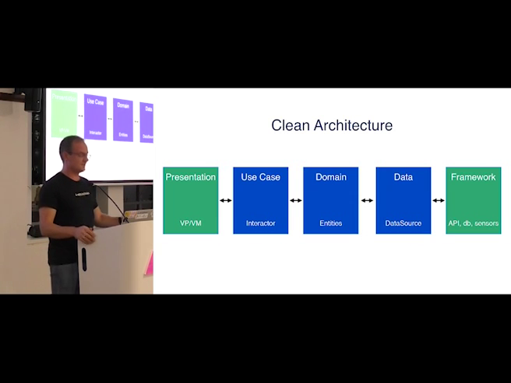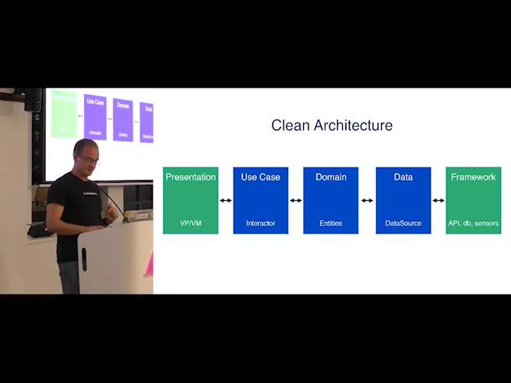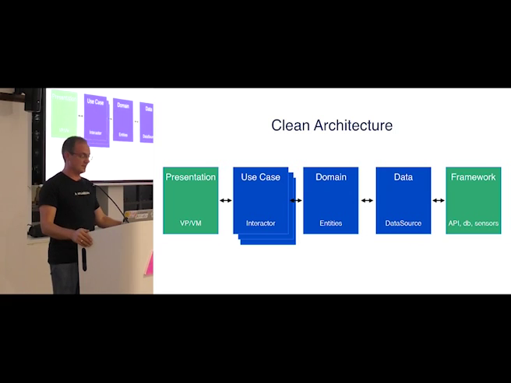Domain here represents the entities. It's actually your business models, your business rules of your application. In the case of a newsfeed app, it's going to be your article class, just a Pojo class or something, a data class if you want, the Kotlin example. The data source, well, this is an interesting part. I already talked about how there can be several use cases.